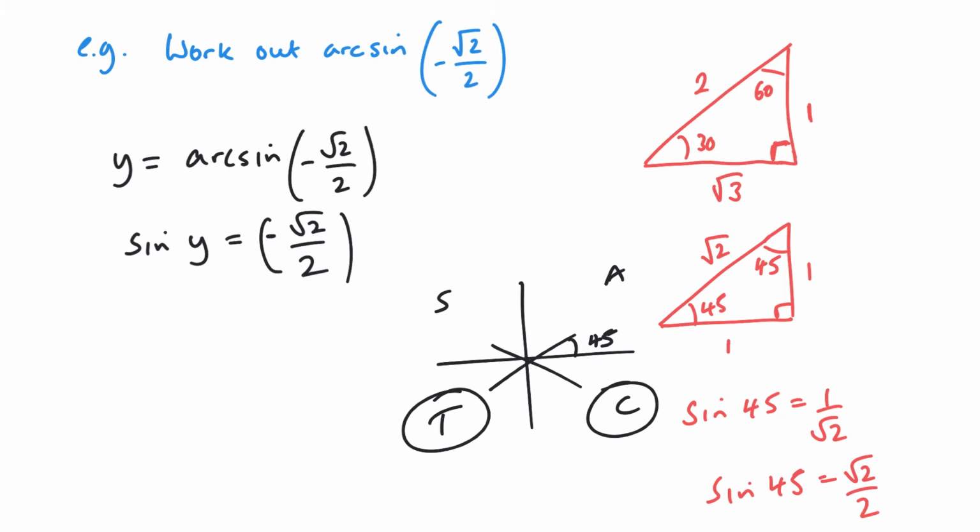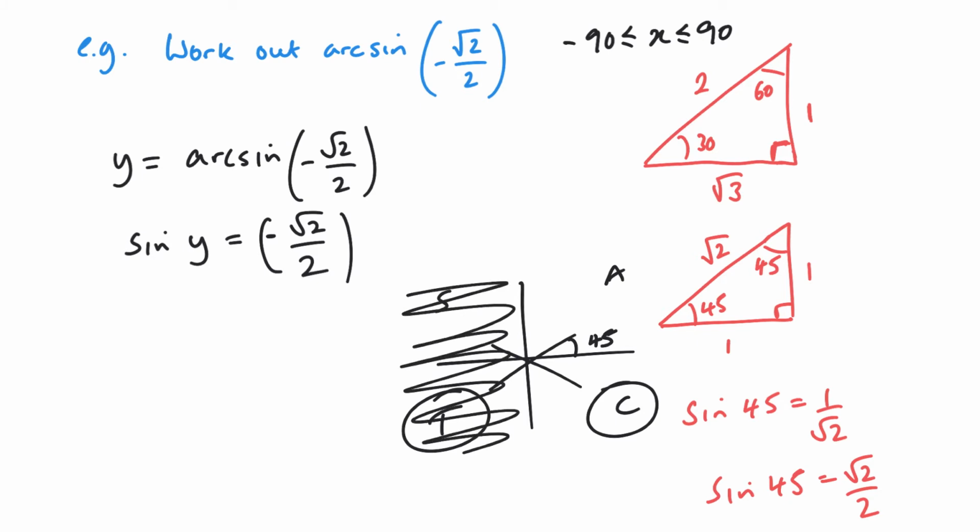However, arcsine is only possible between minus 90 and 90 degrees. So that means that I'm essentially getting rid of this part of my CAST, so I'm only left in this fourth quadrant. So this has got to be minus 45 degrees.